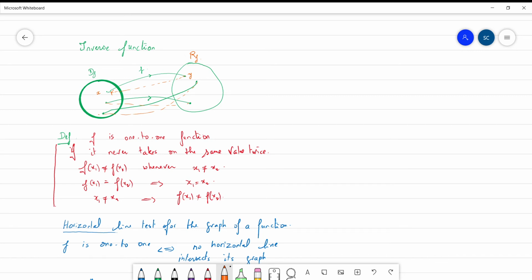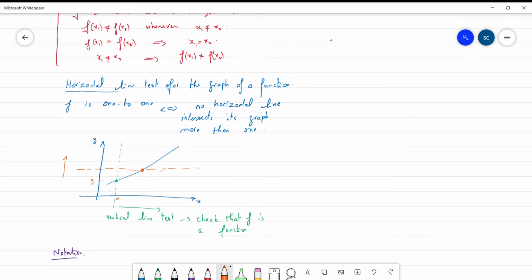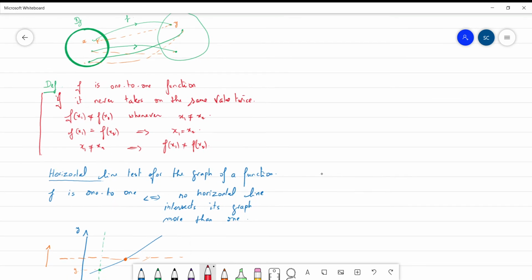Before the notation, I need to give the definition of the inverse function. If f is a function from the domain D_f to the range f(D_f) and is one-to-one, we need a one-to-one function first.